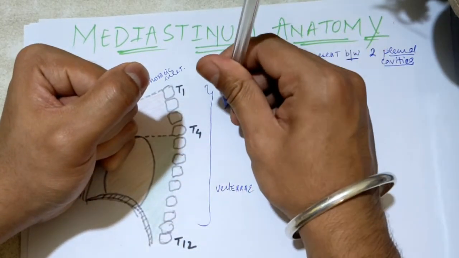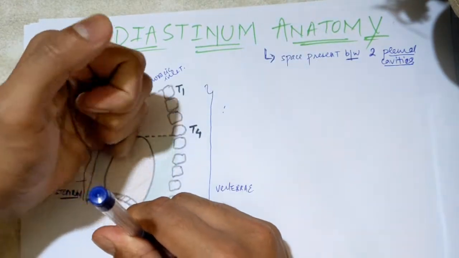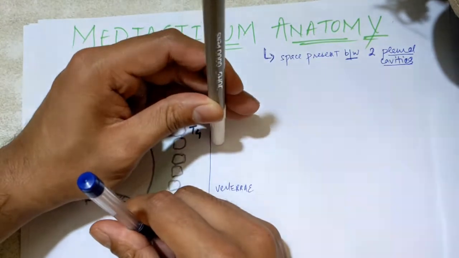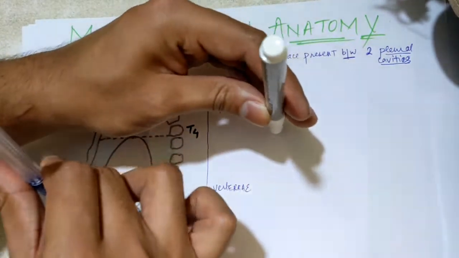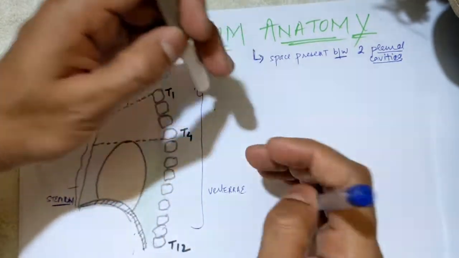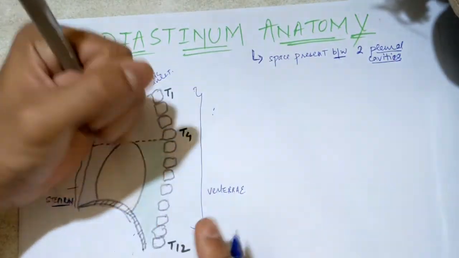Here is the sternum and here is the vertebral column, so there is a space from anterior to posterior side. You can see this space from the lateral side, from the sternum till the vertebral column, between two lungs. So this much is clear.